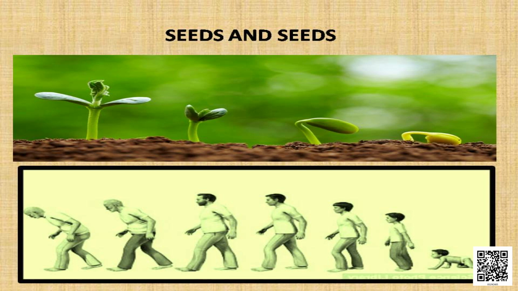Similarly, the seed also has a journey. When it was just a seed, it was planted in the soil and slowly it grew up into a shoot, and then slowly, gradually it turns into a plant and then into a tree. So this is how the journey of the seed is carried on.